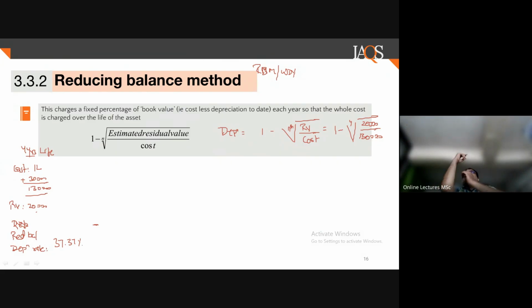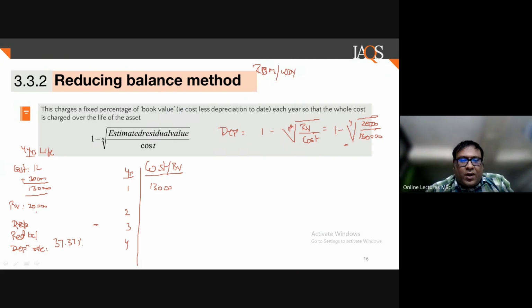Now, here we are asked to prepare the depreciation chart table. Again, here we have years 1, 2, 3, 4. We'll have the cost or the book value, that's 130,000. We'll have the depreciation rate, 37.37% of book value.